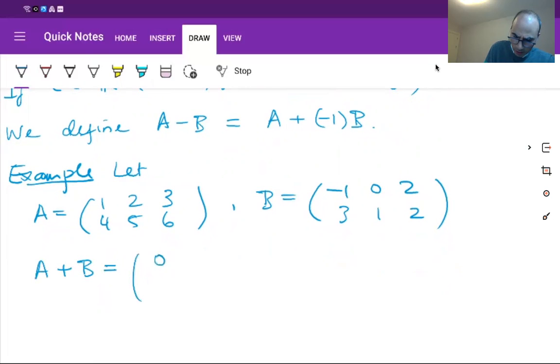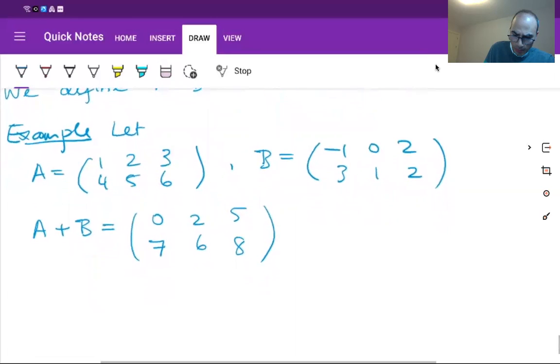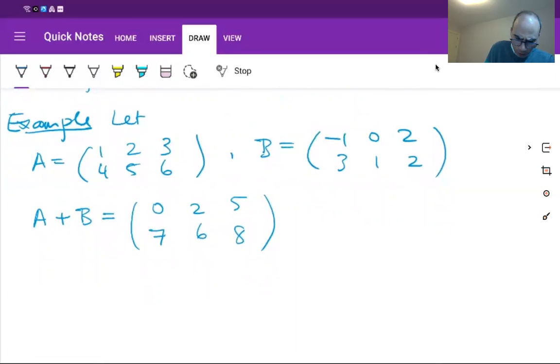So we get 1 minus 1 is 0, 2 plus 0 is 2, 3 plus 2 is 5, and so on. And if C is equal to, say, 2, so we have 2A is equal to, just multiply every entry by 2: 8, 10, 12.